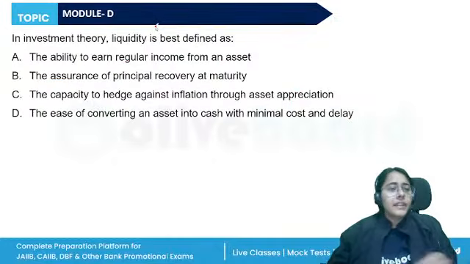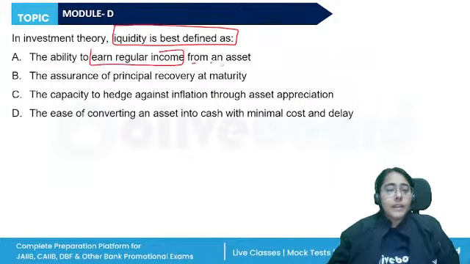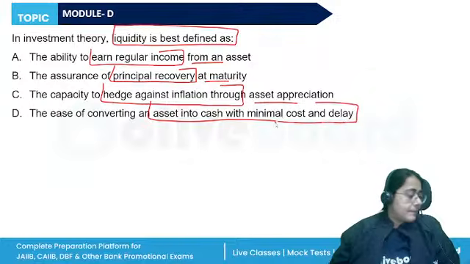Yes, C. In investment theory, liquidity is best defined as, I already told you what is liquidity. The ability to earn regular income from an asset, the assurance of principal recovery at maturity, the capacity to hedge against inflation through asset appreciation, the ease of converting an asset into cash with minimum cost and delay.